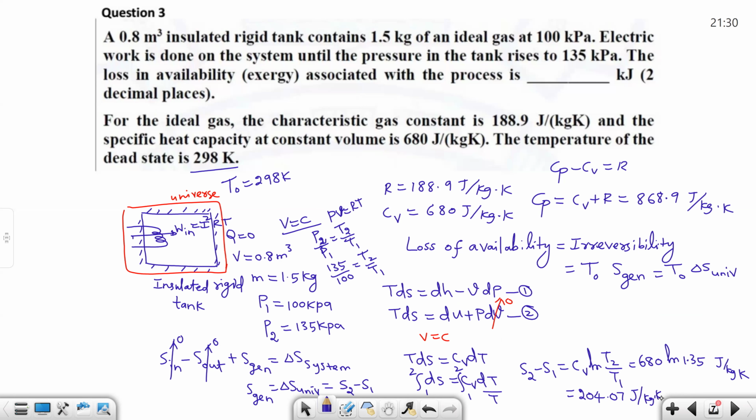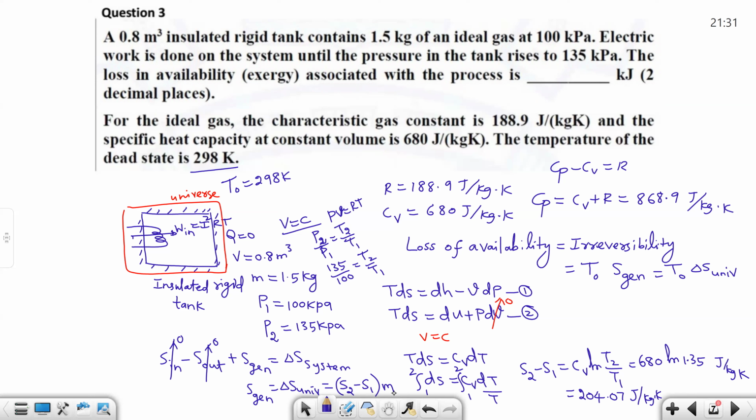Now we want this in joule per Kelvin, so multiply by the mass, 1.5 kg. If you multiply by mass, you will get the entropy generation.